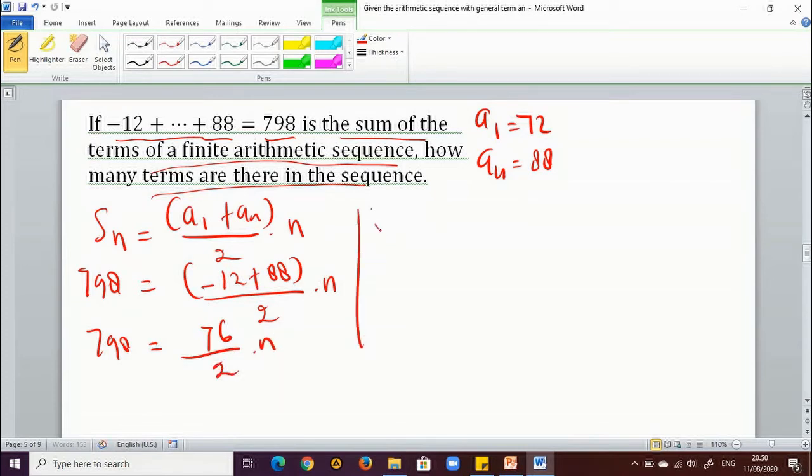So here 79x is equal 30x n. So n is equal 79x over 30x. So it's equal 21, right? So I hope you understand what I'm explaining.